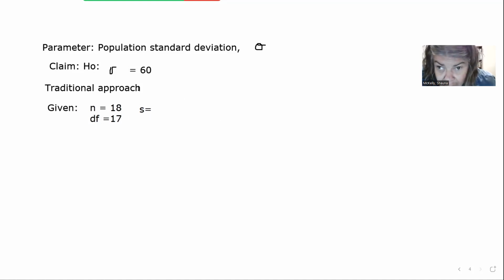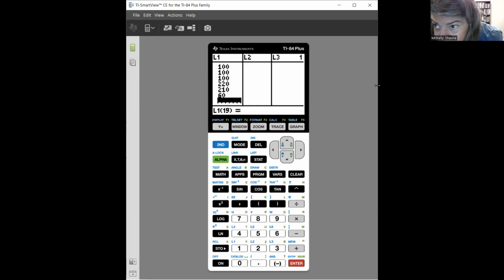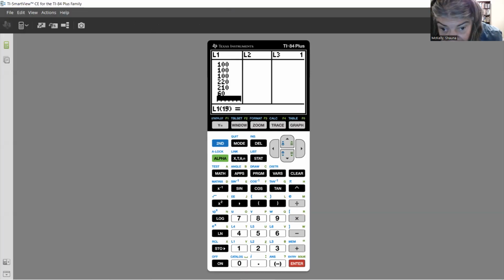So we're going to take a trip, come down here to my calculator, where I've already entered the data in. Okay, so here's my data.